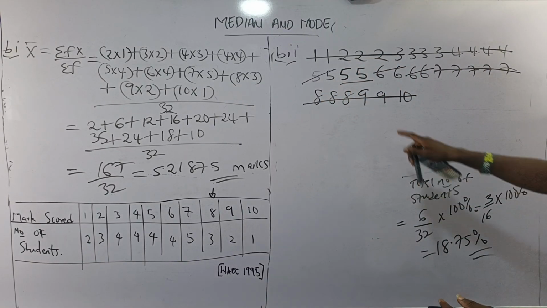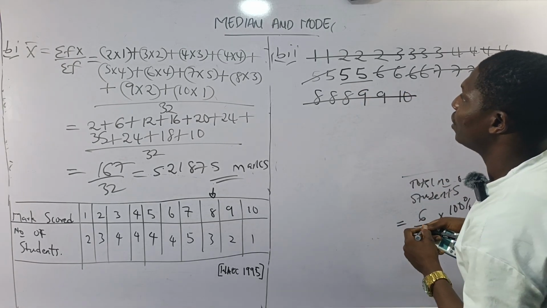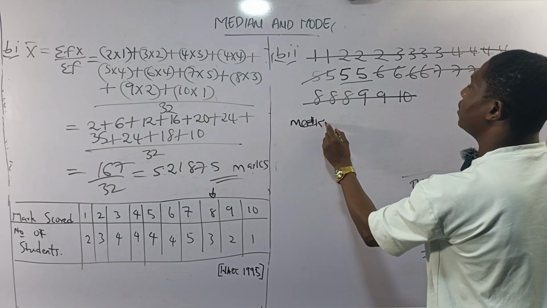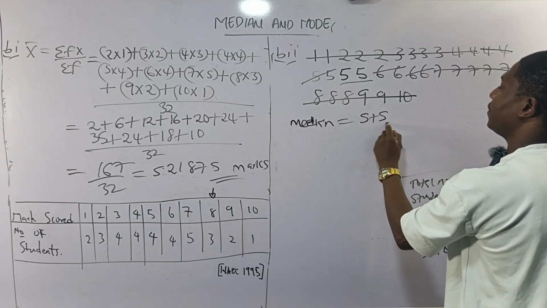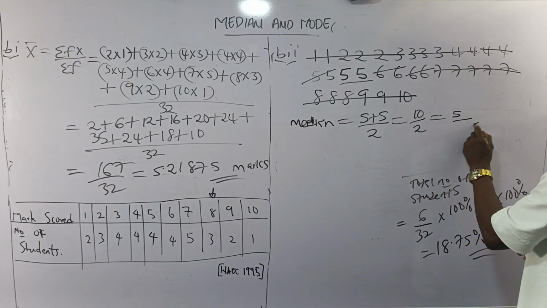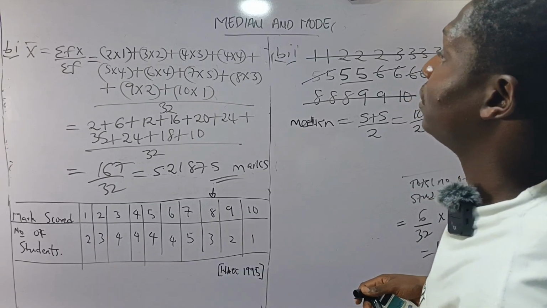The middle 2 values become the average of the 2 middle values. So our median will be equal to 5 plus 5 divided by 2, which is 10 over 2, which is equal to 5 as our answer.